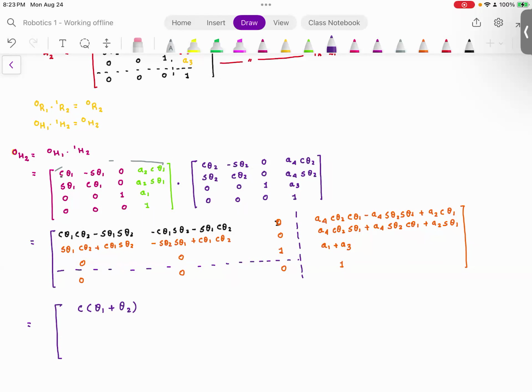What is this guy? Sine theta 1, cosine theta 2, cosine theta 1, sine theta 2. Remember this identity looks like sine theta 1 plus theta 2. You agree with me? Now tell me, what is this guy?